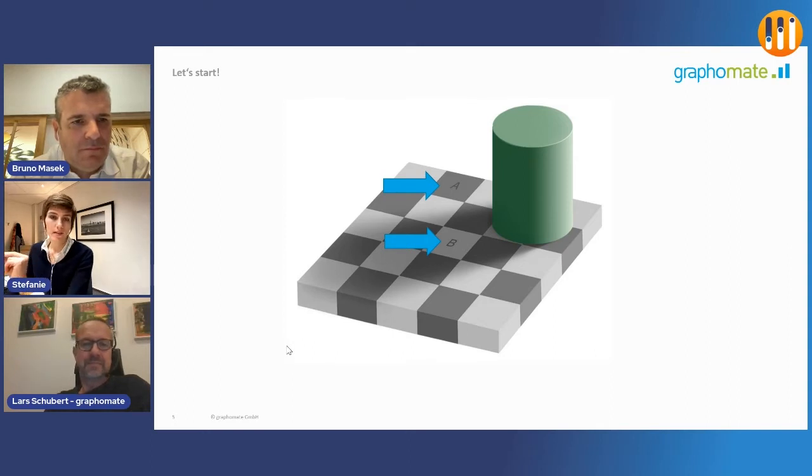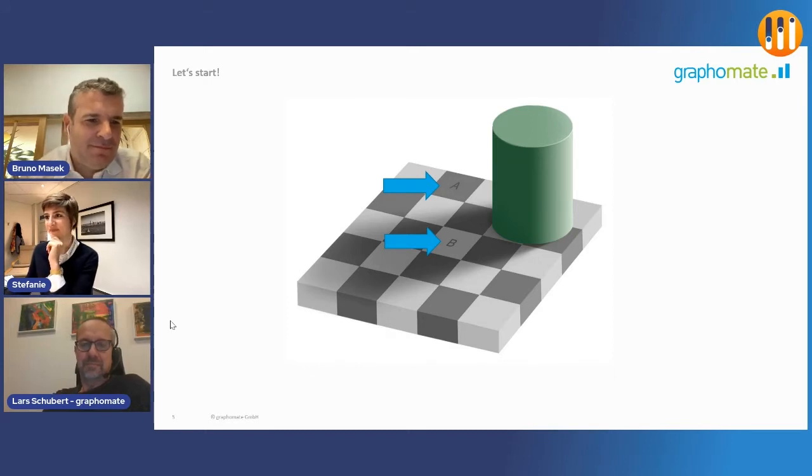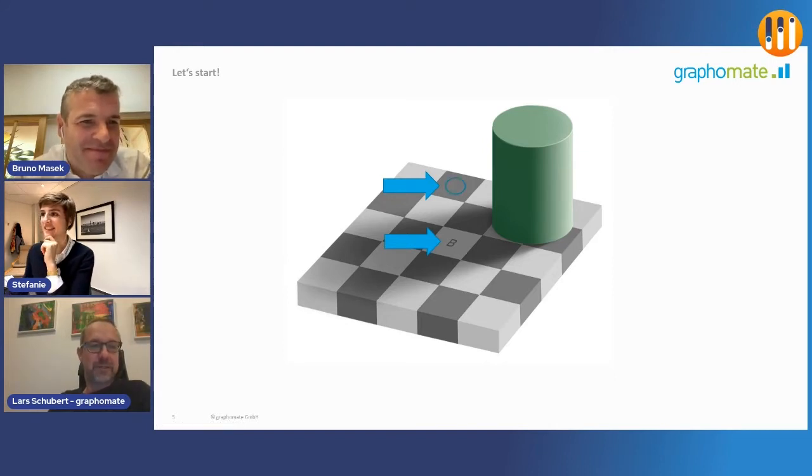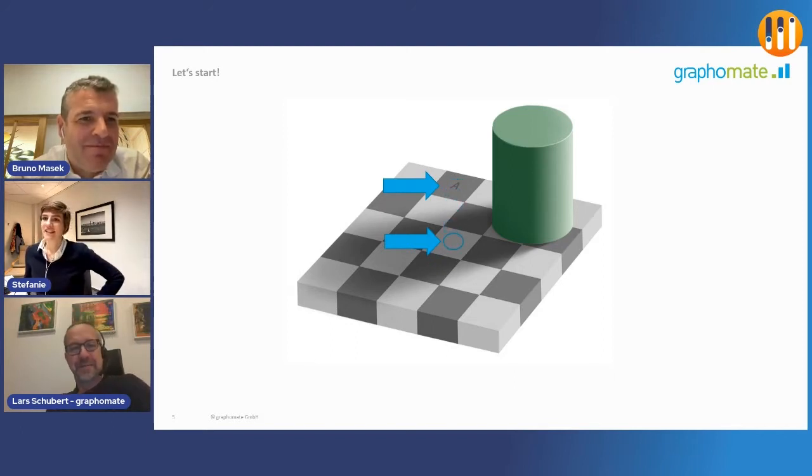Is it the same gray color? Let me know, what do you think? It looks different, doesn't it? It looks quite different, I would say. But it's incredible, it's just a visual effect. It's the same color. It is the same color.